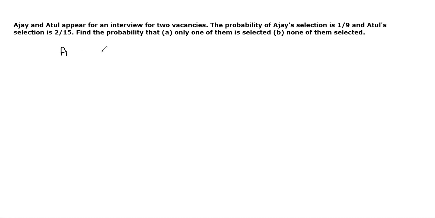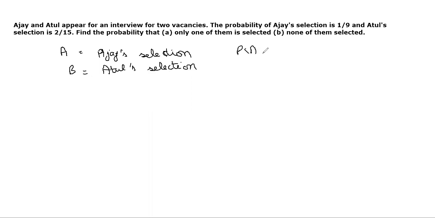A is the event selection of Ajay, and B is Atul's selection. Respectively their probabilities are P of A, selection of Ajay, is 1 over 9, while P of B, selection of Atul, is 2 by 15.